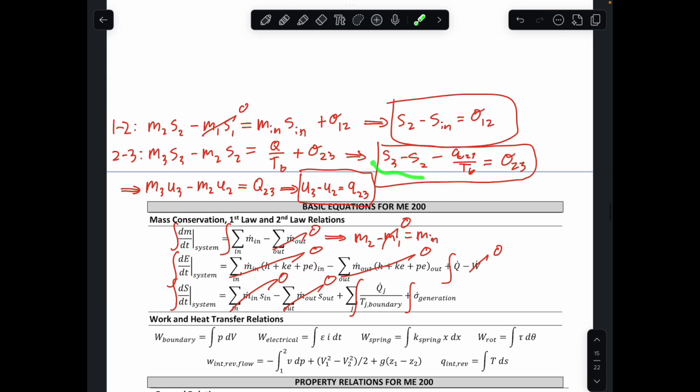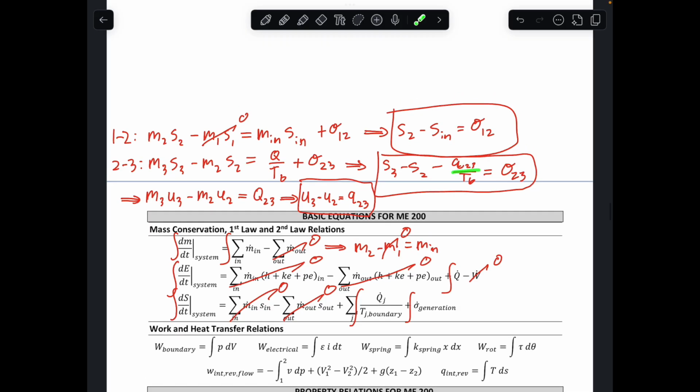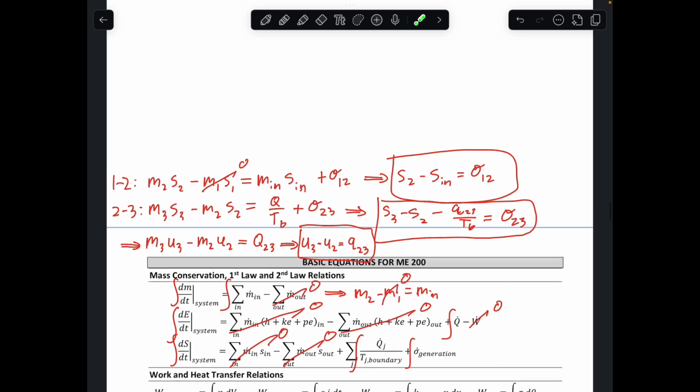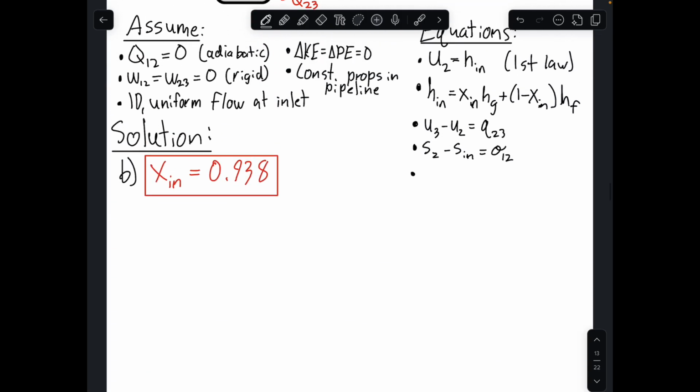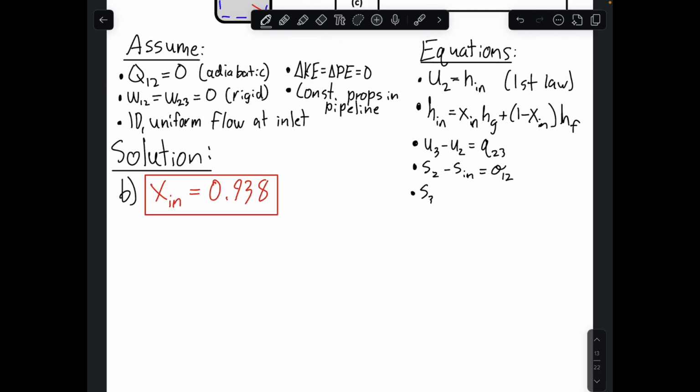And finally, we get that s3 minus s2 minus q23 over TB, the boundary temperature, is equal to our entropy generation term from 2 to 3.